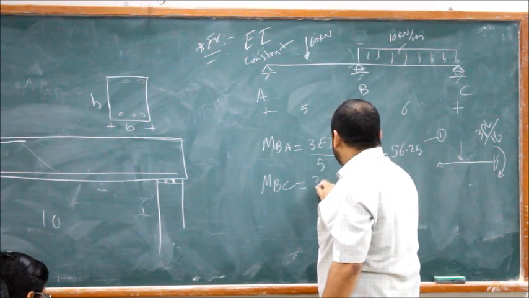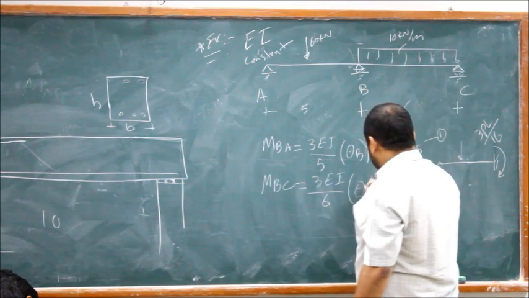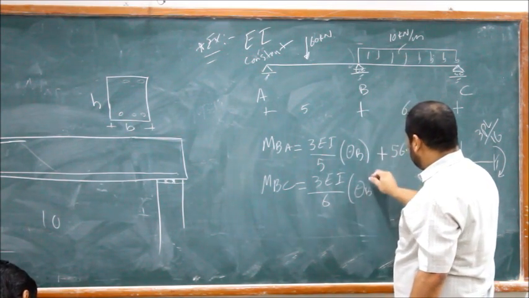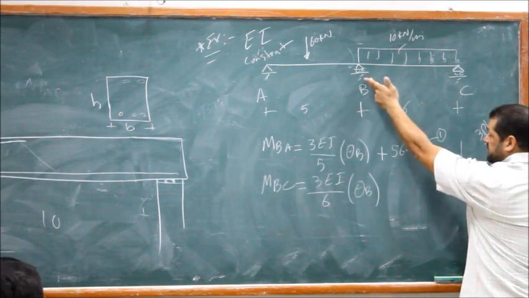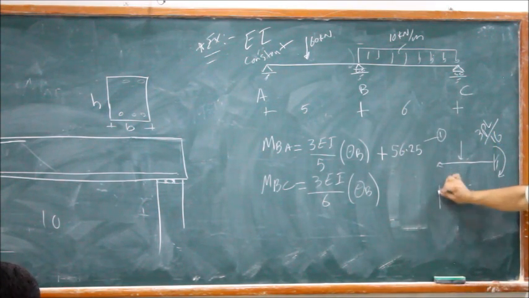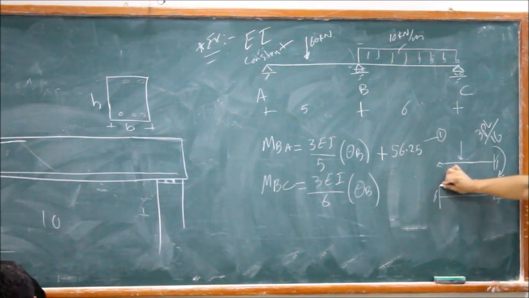Second, M_BC equals 3EI over 6 theta B plus the fixed-end moment BC at B, which is your case.